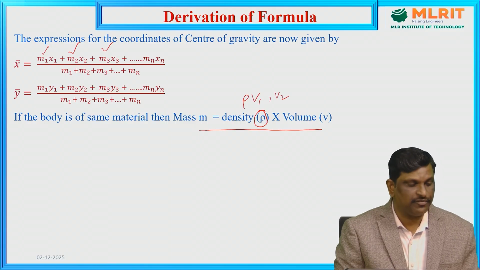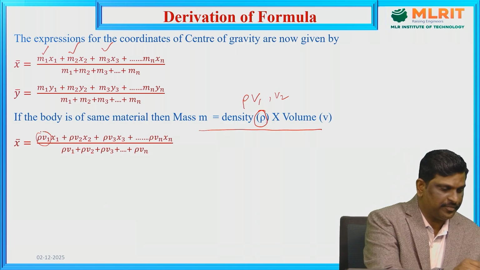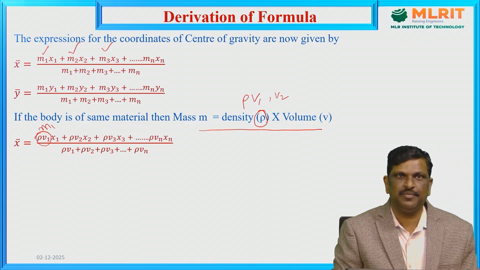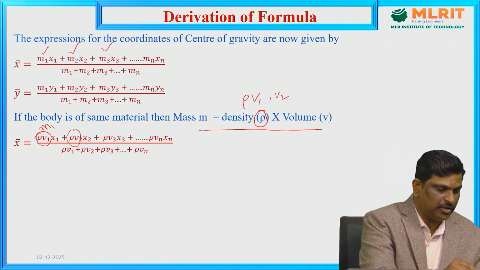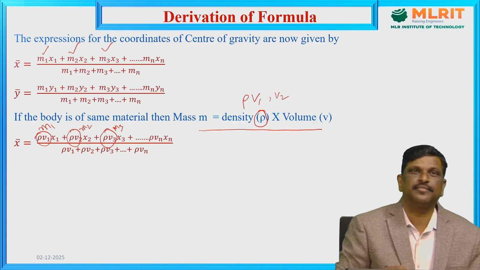The equation will be reduced to rho v1 into x1, where m1 is replaced by rho v1. Similarly, m2 is replaced by rho v2 and m3 is replaced by rho v3.